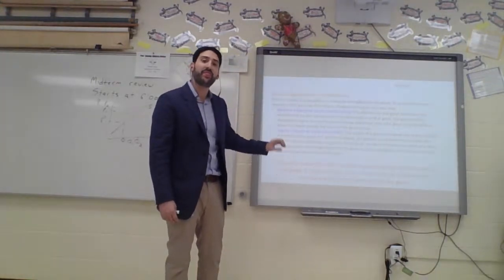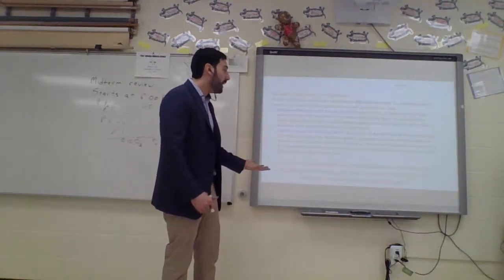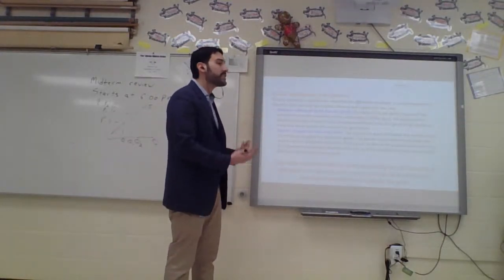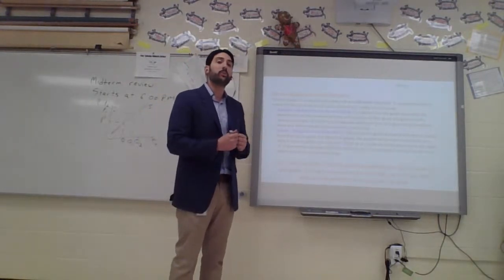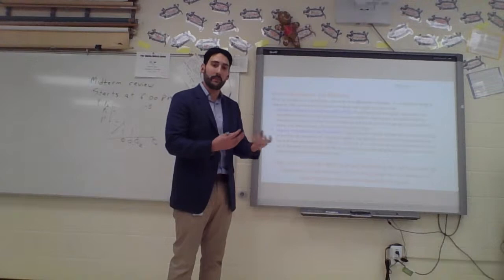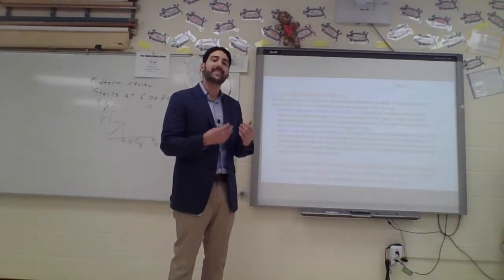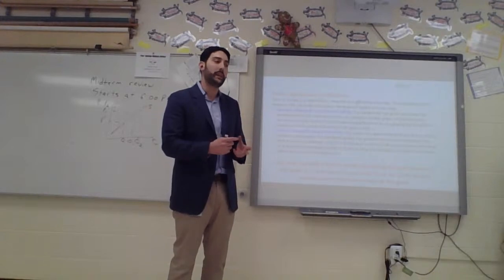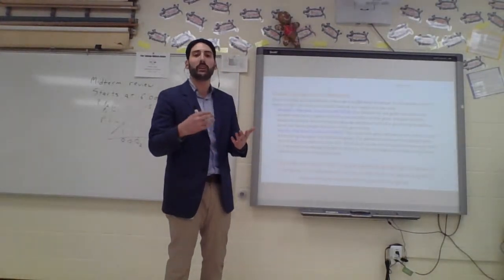That is allocatively efficient, right? What that means is we're producing where society wants us to produce. And as we're going to see in a minute, if we're not producing where MSC equals MSB, then we're going to have a deadweight loss, and society is not going to be where it wants to be, right? We're at what's called a suboptimal level.